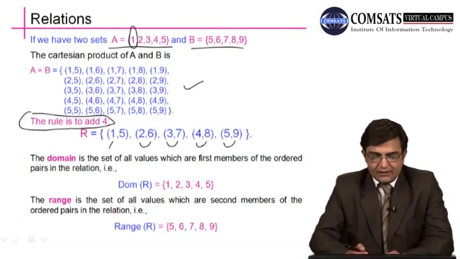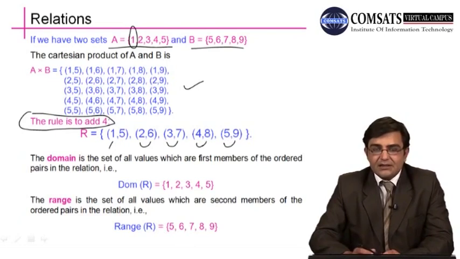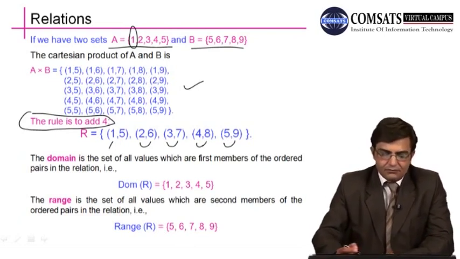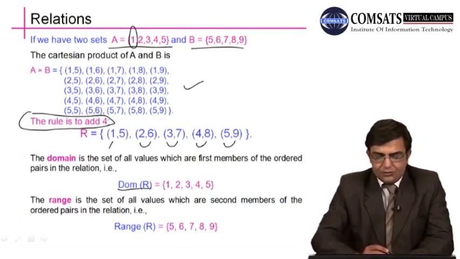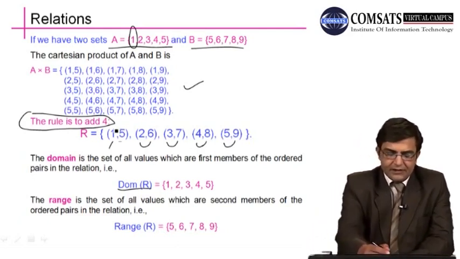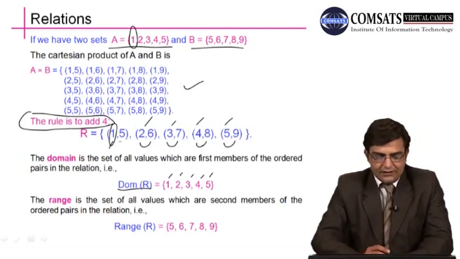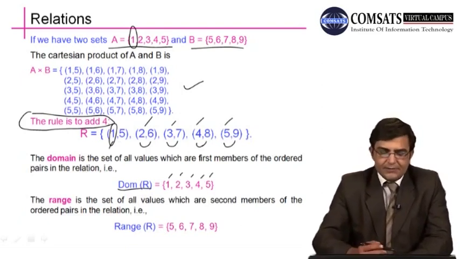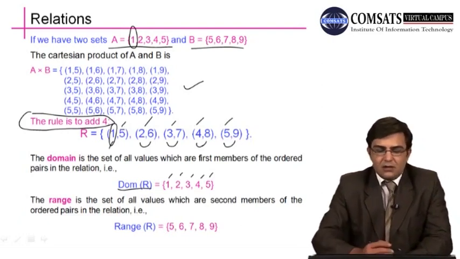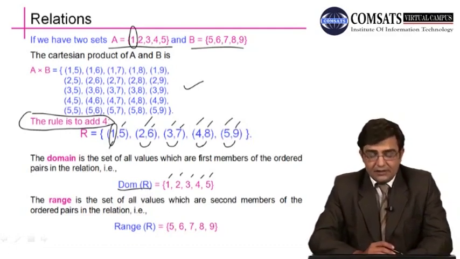So this is basically the relation, and the first elements of the ordered pairs of any relation are called the domain of that relation, and we denote it by Dom of R, where R is the relation. The first elements are basically 1, 2, 3, 4, 5. This comes in the domain of that relation, and the range is all the second elements in the ordered pairs of the relation.